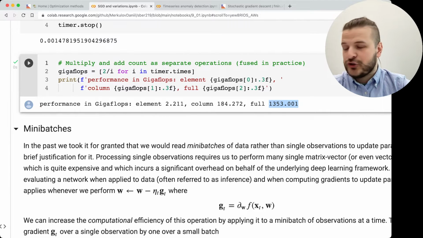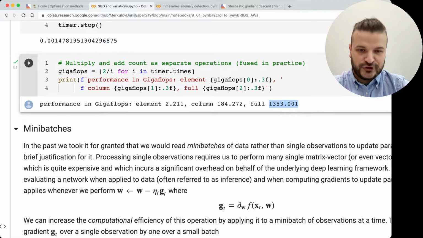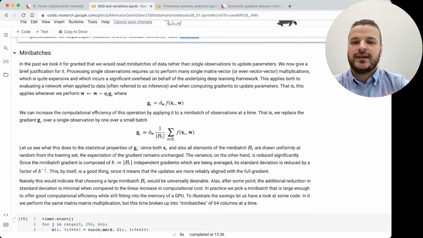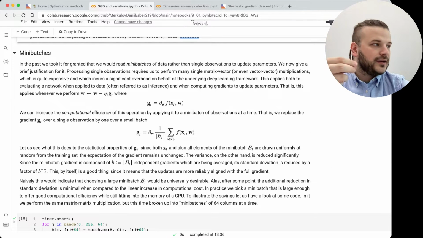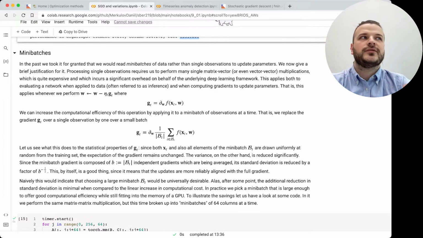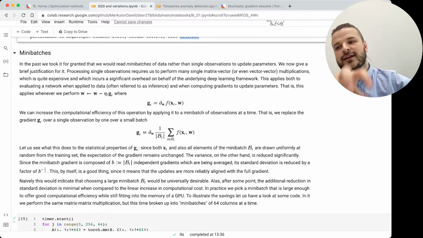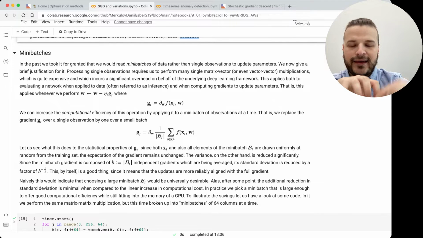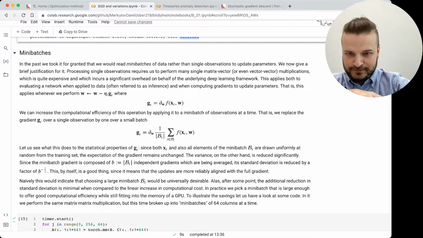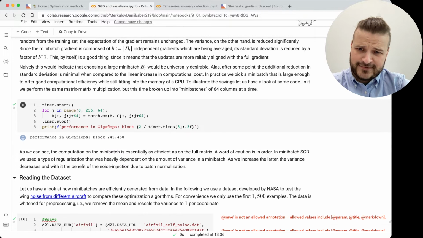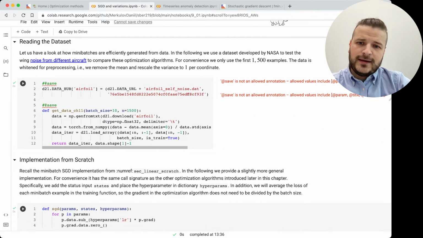And that's why mini-batches are so efficient here, because again, computation of each term in the full gradient can be done independently and in parallel. That's why it's very efficient.